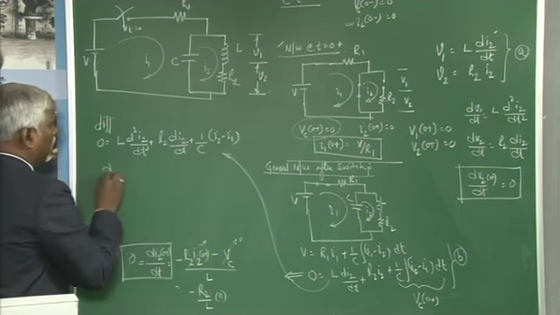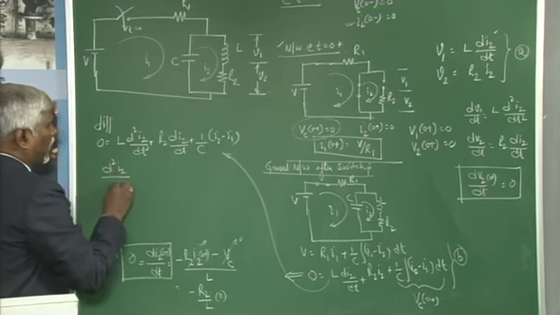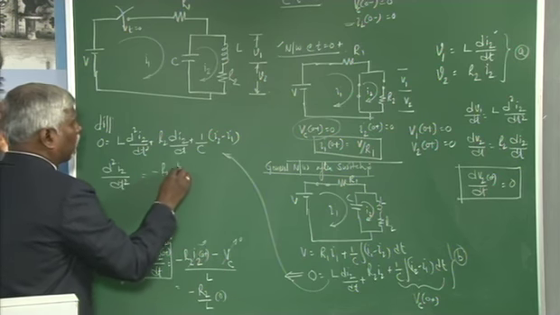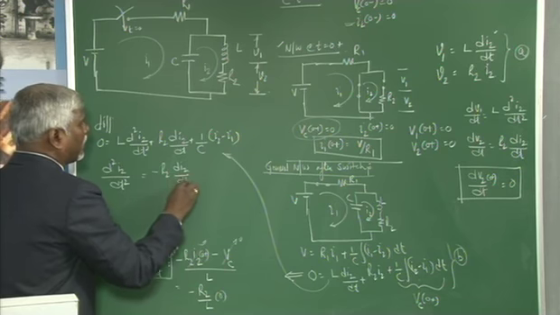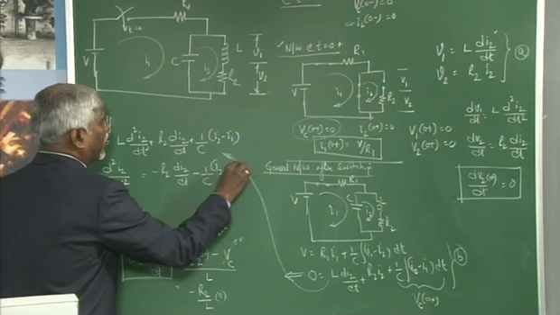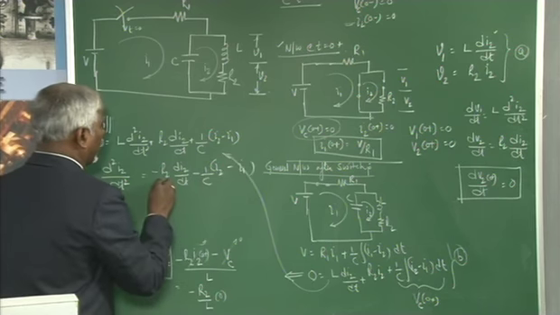If I rearrange, d squared I2 by dt squared equals minus R2 di2 by dt minus 1 by C into I2 minus I1, divided by L.